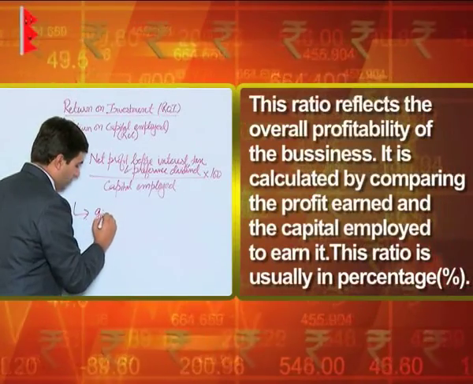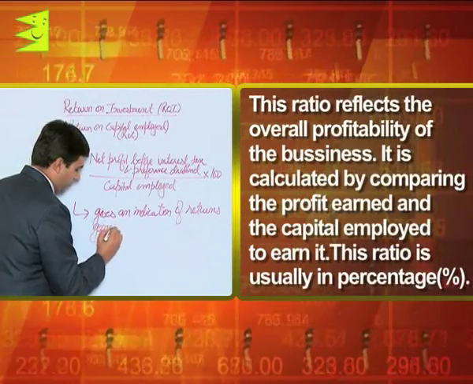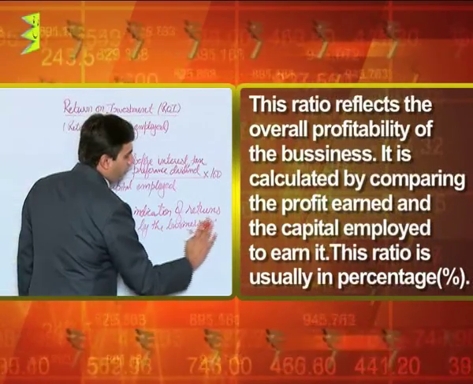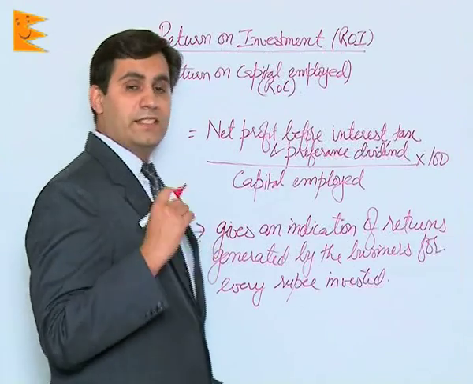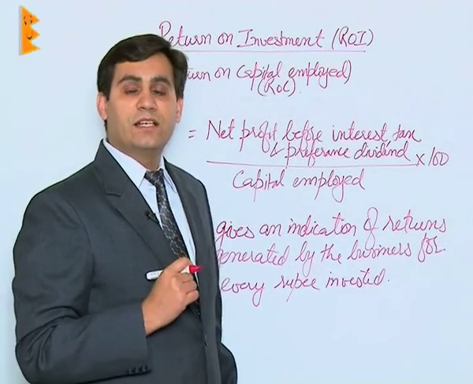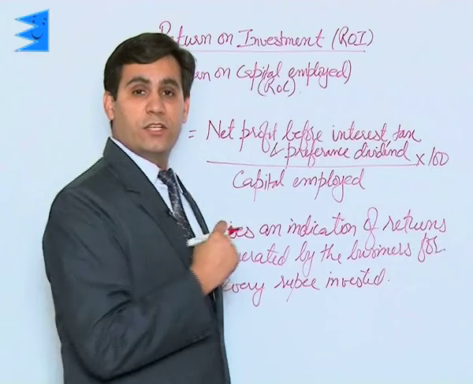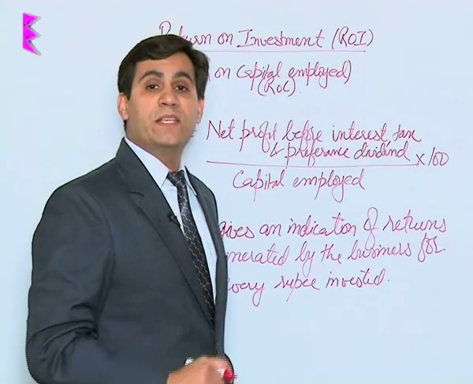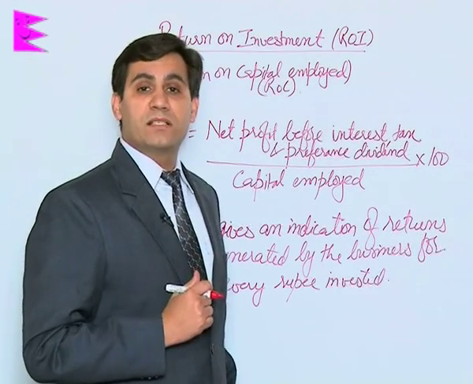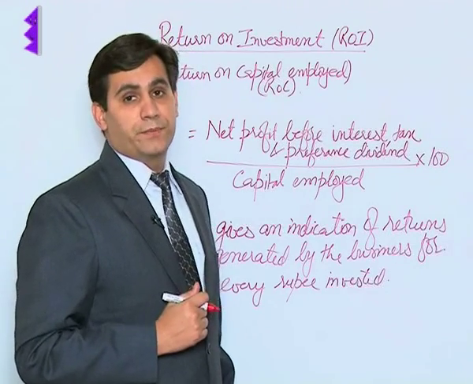That is, let's say you have invested a sum of 10 lakh rupees and this ratio comes to 30%. That means you are earning rupees 3 lakh out of your business activity by investing that 10 lakh rupees.